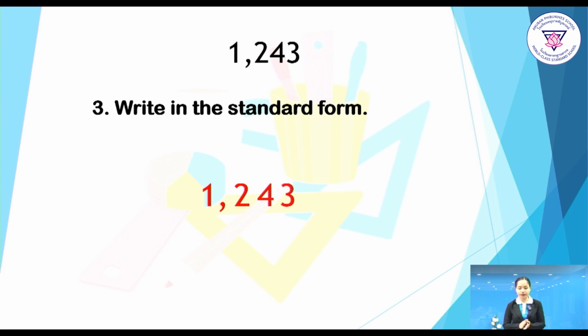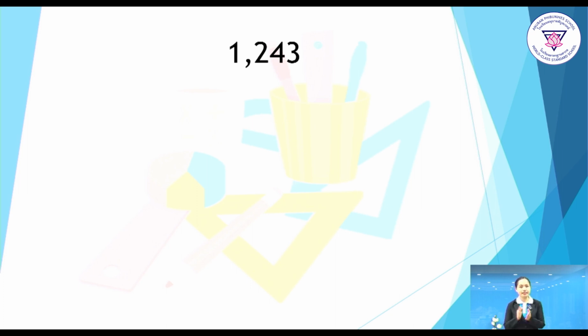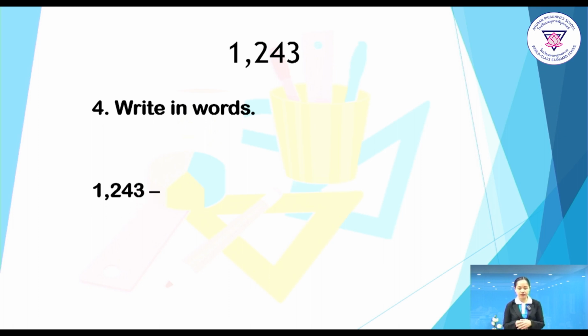Let's go to number 4. In this number 4, you are going to write in words. When we say write in words, you're going to write the name of the numbers, how to spell the number. For example, how do you write 1,000? Like this.